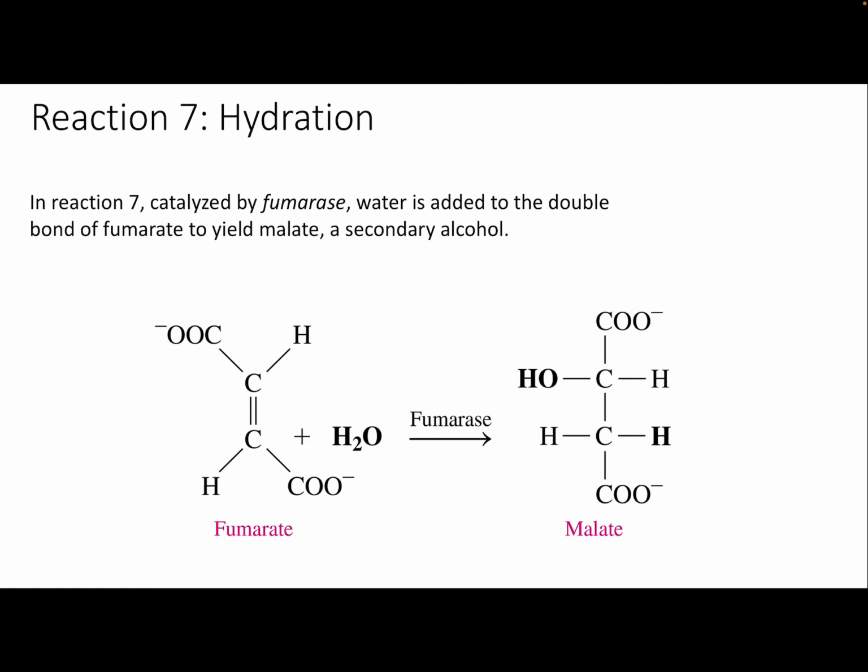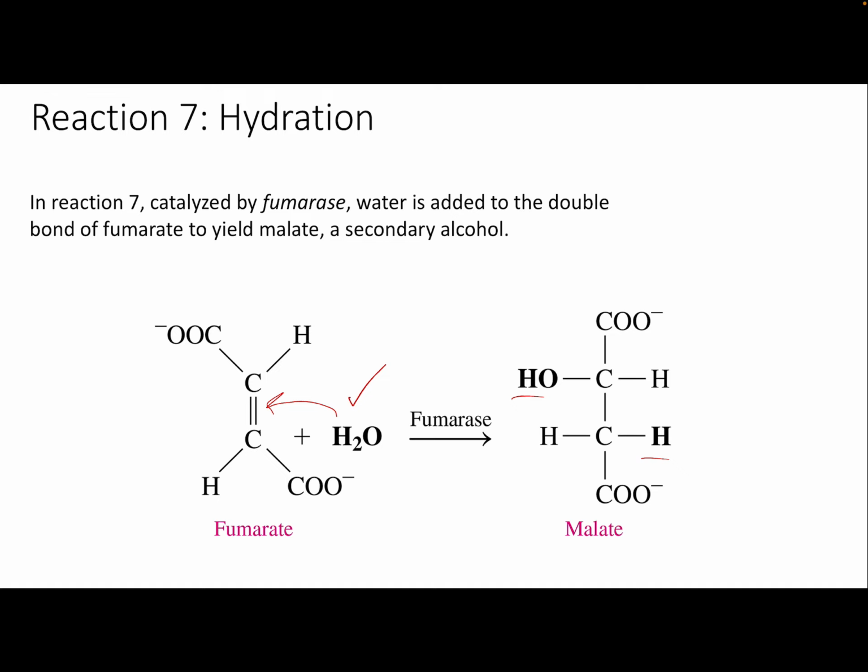In reaction 7, fumarate is then turned into malate, and this is done with a hydration. So water's being added to the double bond here, and you guys would probably remember that reaction from the early days of our lectures.